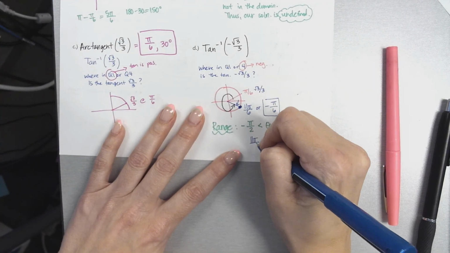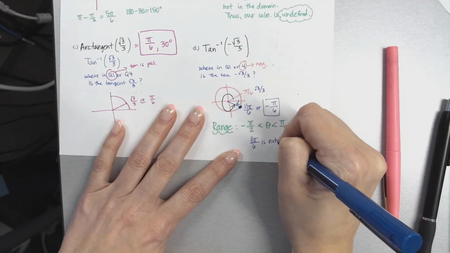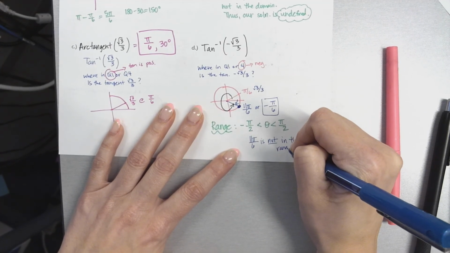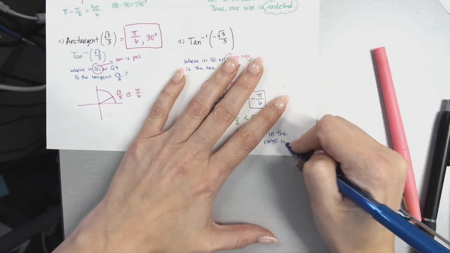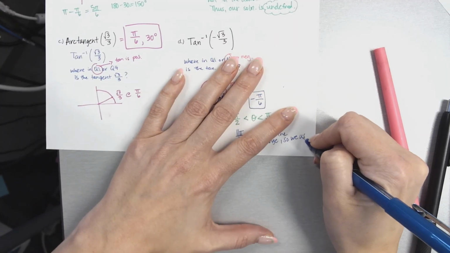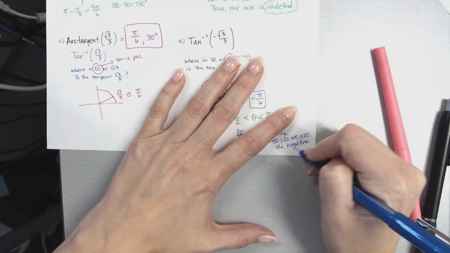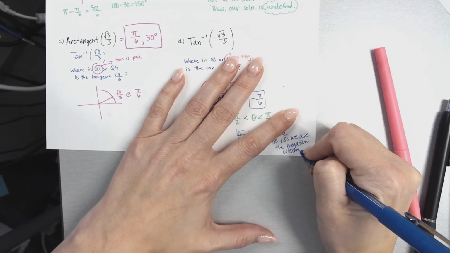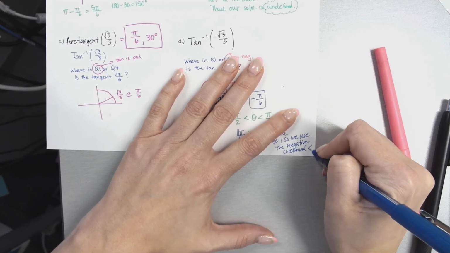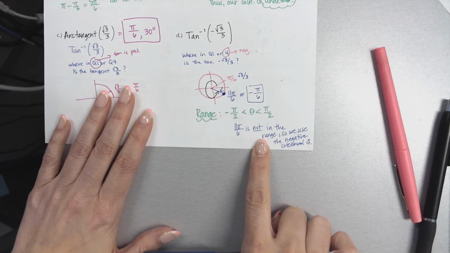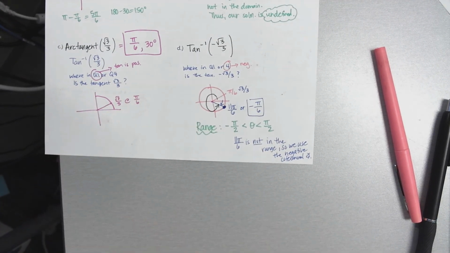So 11 pi over 6 is not in the range. So we use the negative coterminal angle.